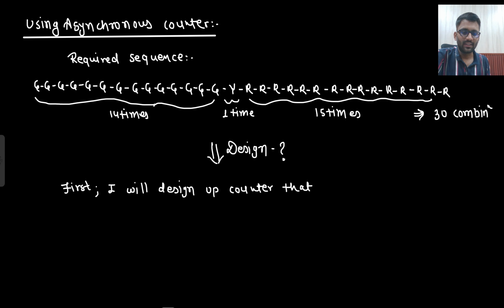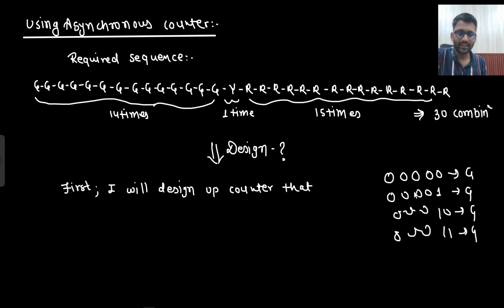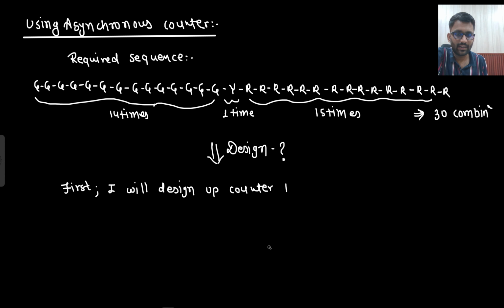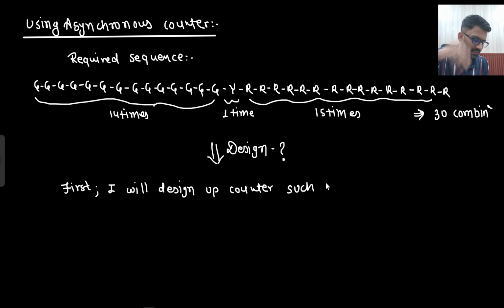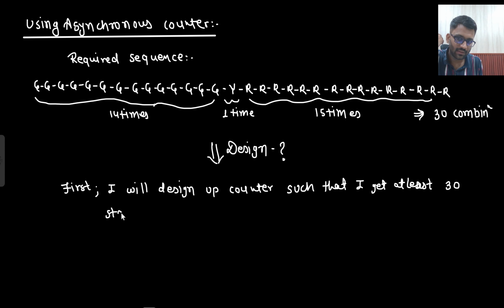So what I was saying is that we need to generate 30 combinations such that to each combination I can give my output. So I will design an up counter such that I get at least 30 states.